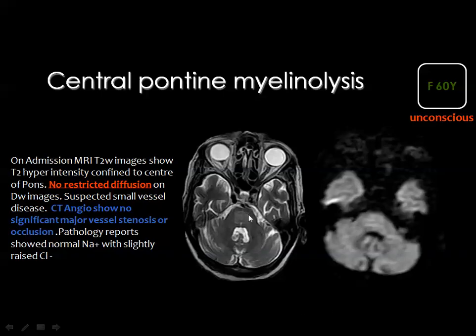The lesion, which is located in the pons in this T2 weighted image, has no restricted diffusion, and it was suspected to be an infarction, but the CT angiography of the cerebral circulation showed almost normal appearance of the vessels.